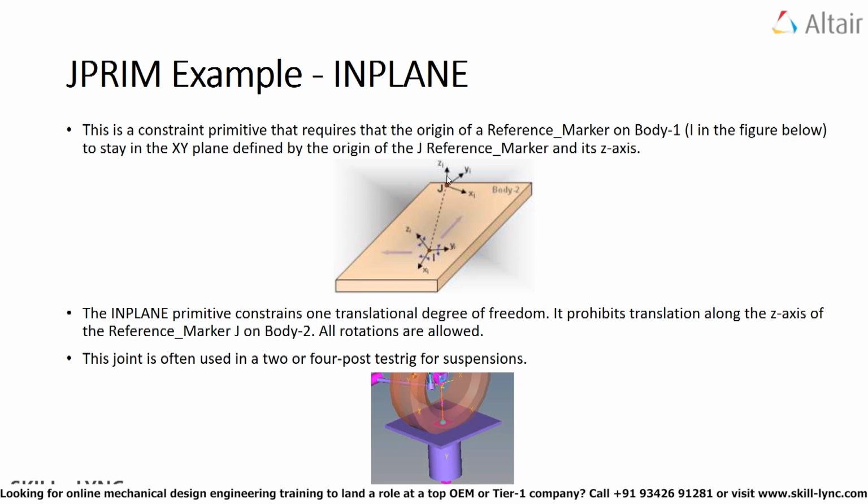The in-plane primitive constrains 1 translational degree of freedom. It restricts the translation along the Z axis of the reference marker J on body 2. However, all the rotations are allowed. One of the most important applications of this in-plane JPrim is the 2 or 4 post test rig for the suspension system.